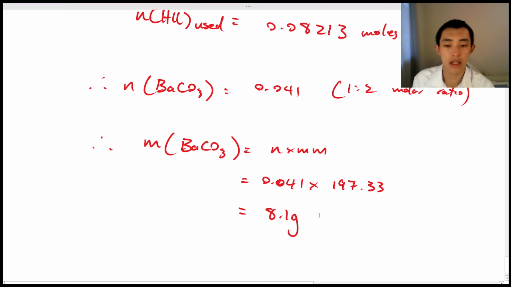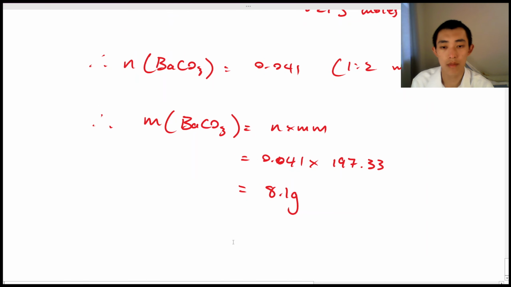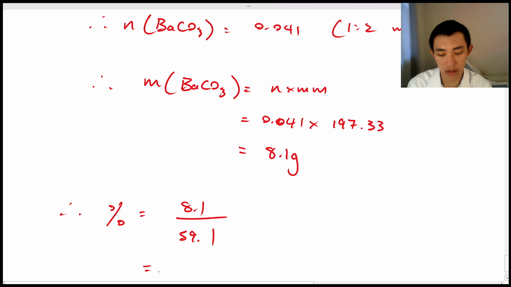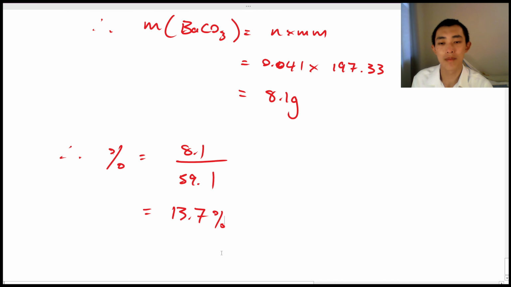Fantastic. Now, this was from a 59.1 gram sample. So the percentage is equal to 8.1 over 59.1, which gives us 13.7%. Nice work.